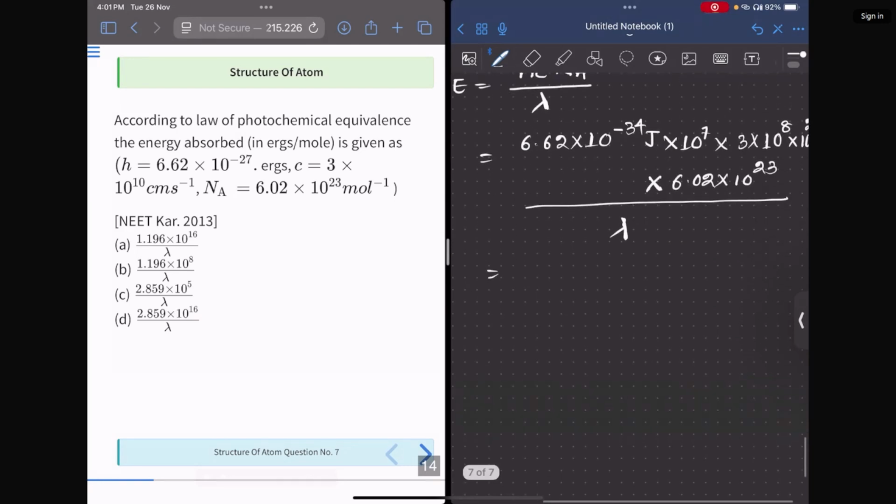When you solve this equation, you get 1.196 into 10 to the power 8 divided by lambda. So the correct answer is option B.